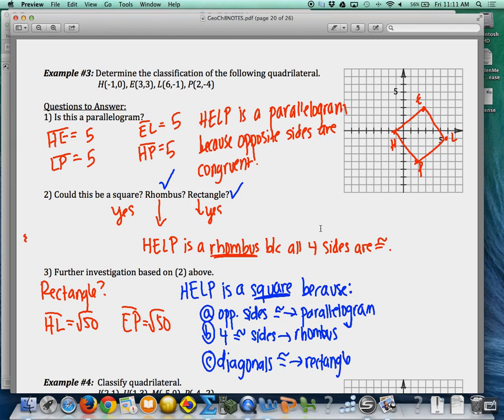Okay, I'm going to leave one example for you to do. So right now what I want you to do is move your desk with your partner, and do example number 4. Classify the quadrilateral. Good luck. I would do these same steps again.